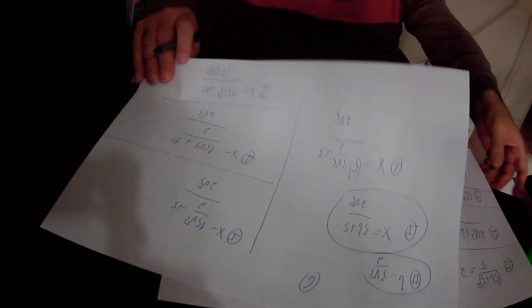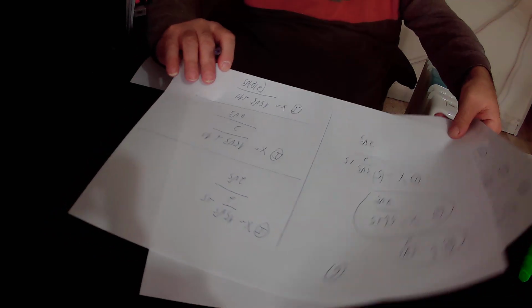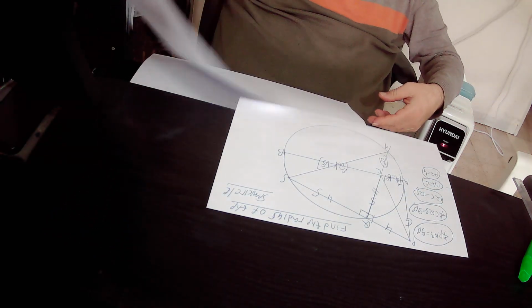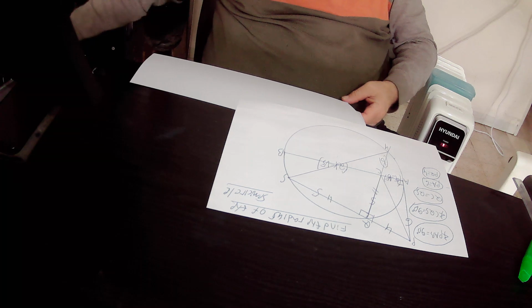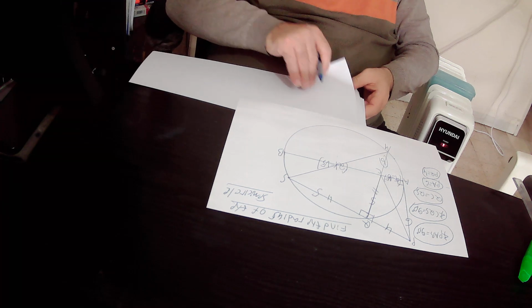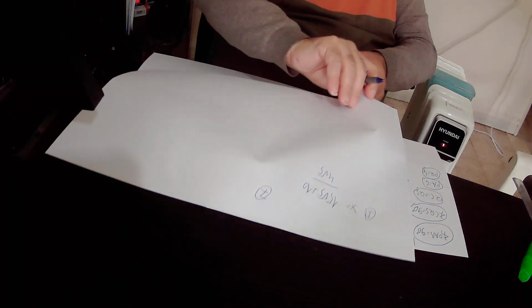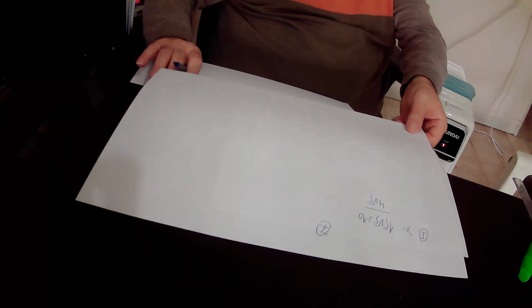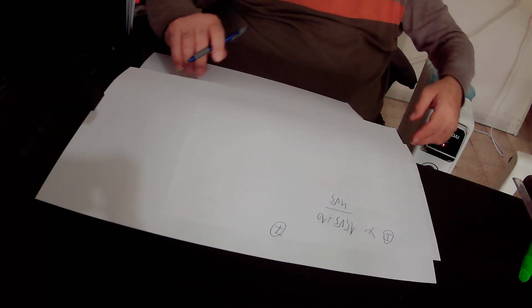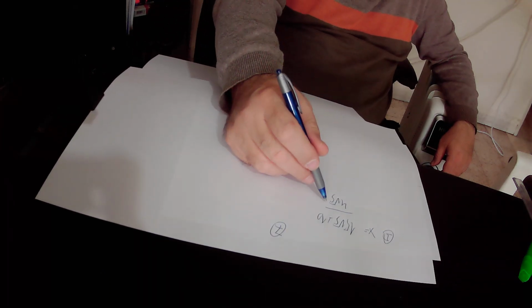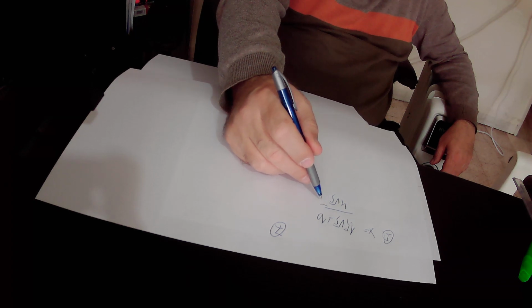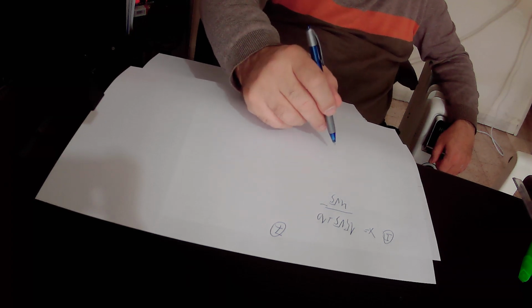Repeat again, according to equation number 1, x equals 15 times square root of 5 plus 10 over 4 times square root of 5.